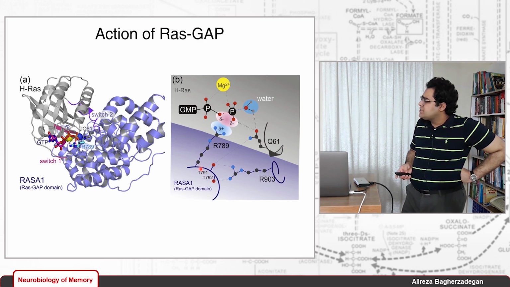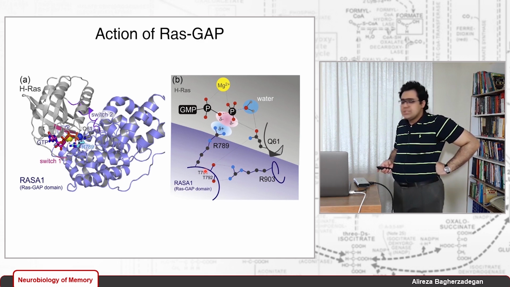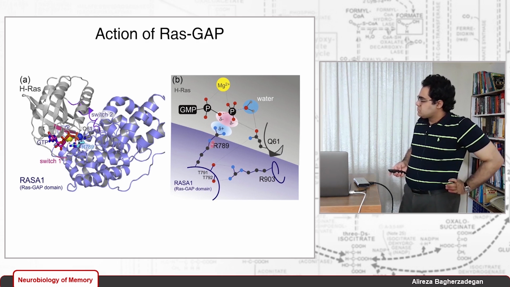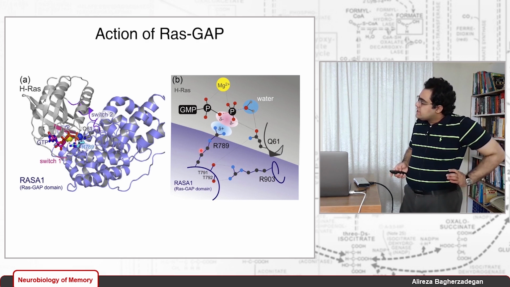So how does the GAP facilitate the hydrolysis of this last phosphate, this third phosphate? Well, GAP inserts a positively charged arginine finger. So this is the arginine finger, which has a positive charge at the end, next to this negatively charged gamma phosphate.